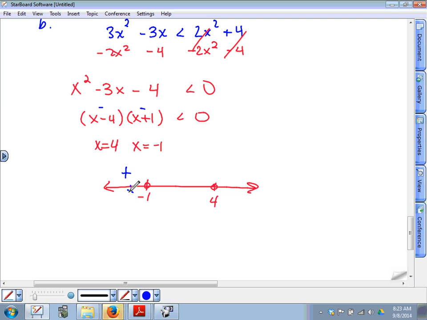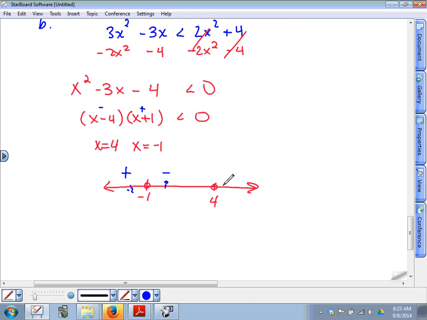Even though the number I chose to test was negative, when I plugged it into the equation, it resulted in a positive number. It doesn't matter what the positive number was, it was just a positive number, right? Now when you test a number from this interval, 0 for example, 0 minus 4 is negative, but 0 plus 1 is positive, and negative times a positive is negative.